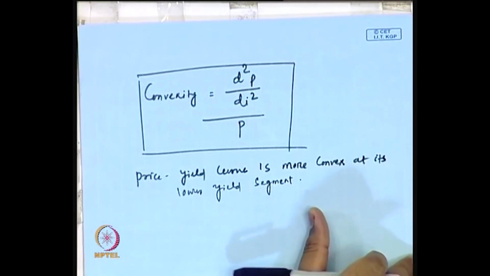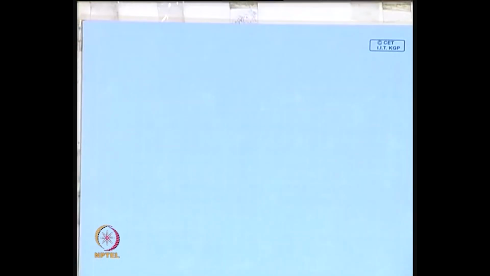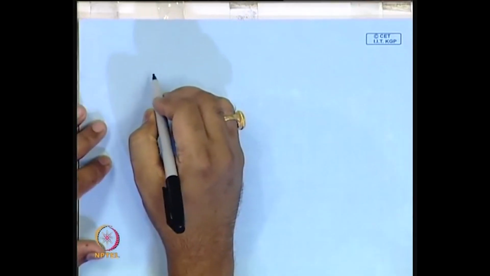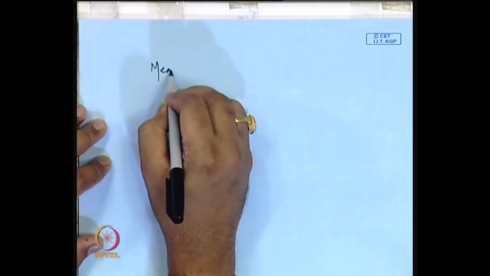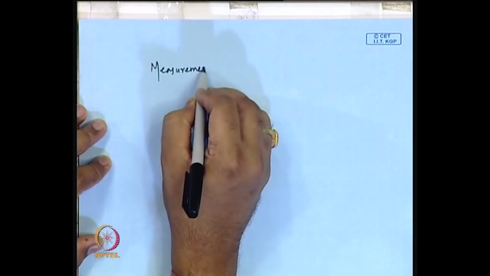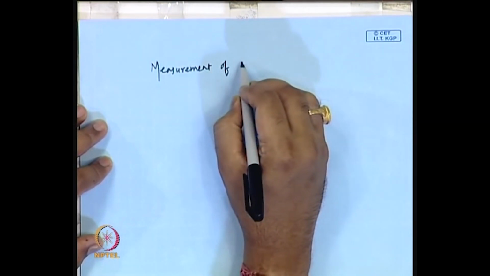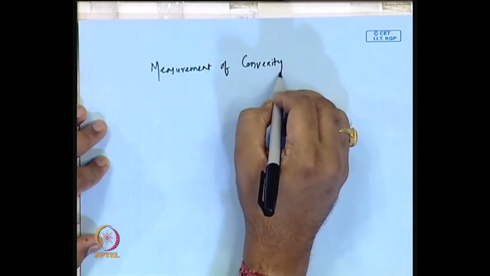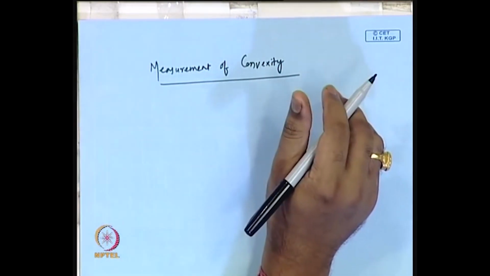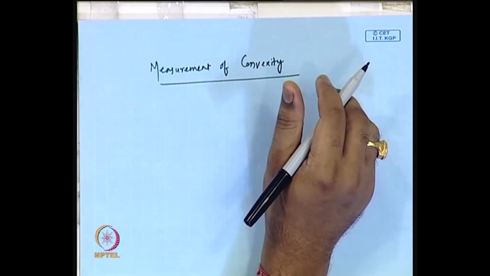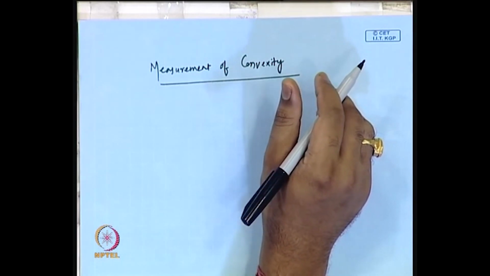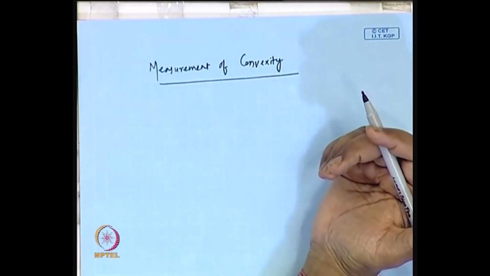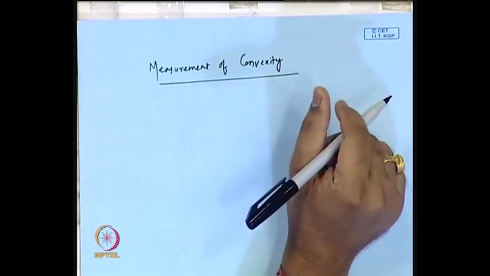So, if you want to compute or measure this convexity, how can we measure it? Let us call it the measure of the convexity. The convexity looks a little bit complex, but it can be broken into different steps.